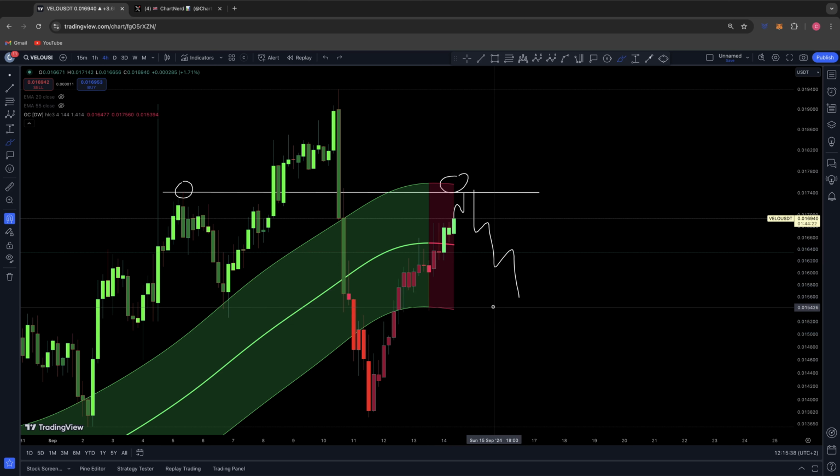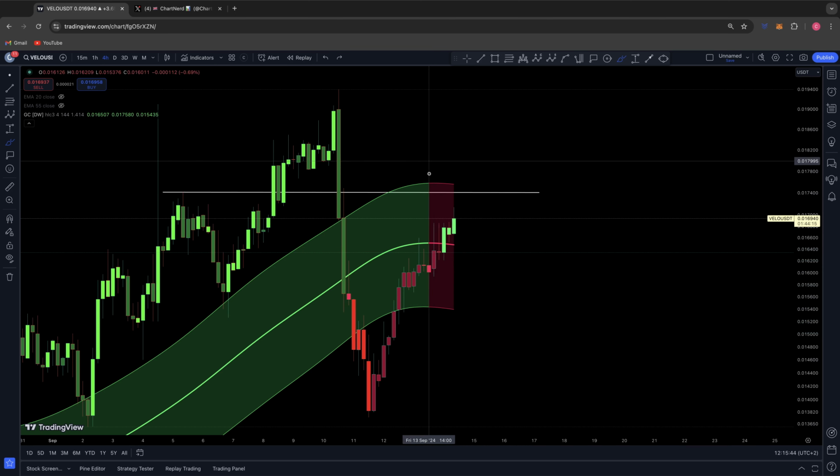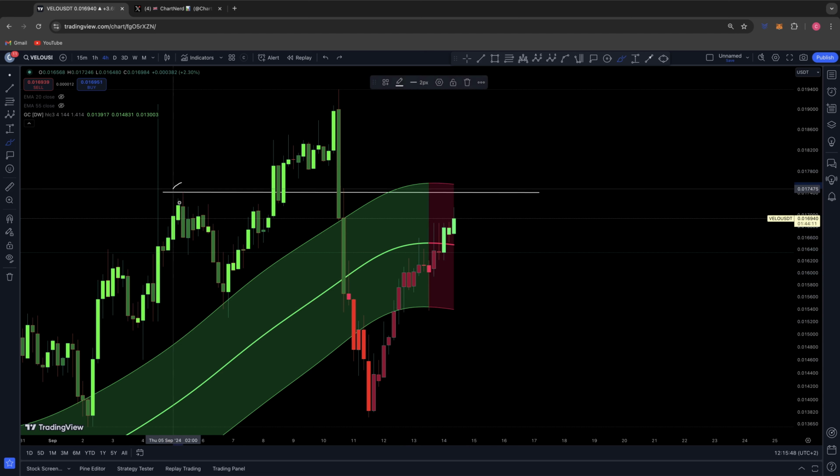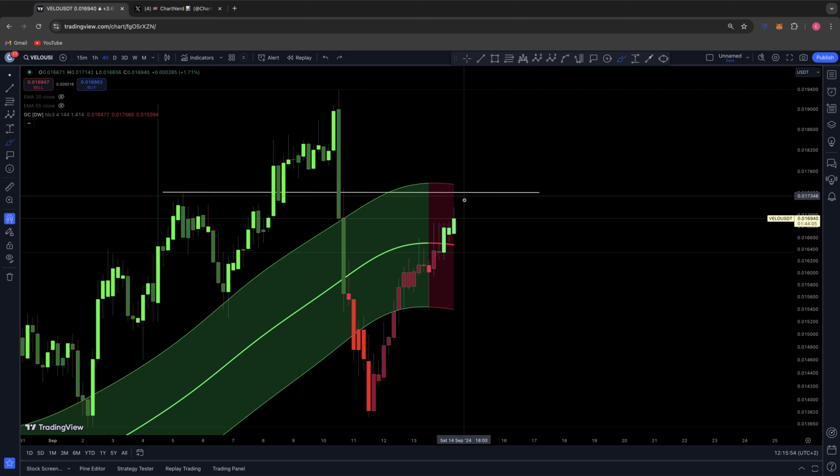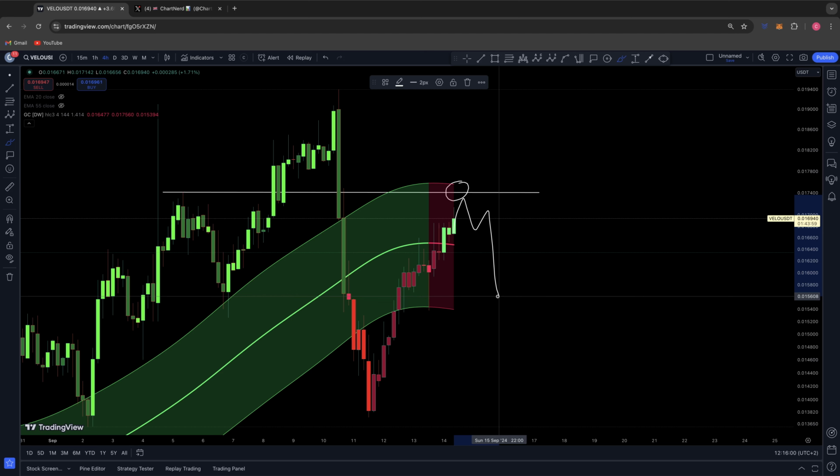So I do think that although on the 1 hour we have printed bullish signals, zooming out a bit to the 4 hour, there is a bearish signal with this bearish trend flip on the Gaussian, and we are sort of coming up to previous highs and looking to meet them as resistance, as well as the top band of the Gaussian channel. So we do have resistance above in the high 17s, guys, that VELO does need to break in order to invalidate a potential retracement to a higher low.